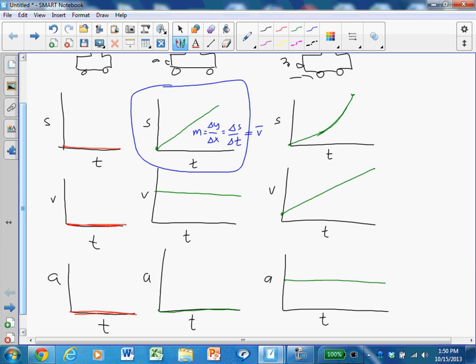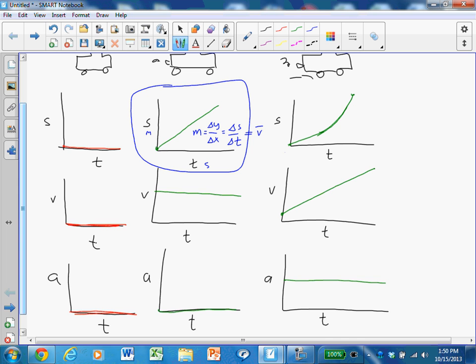So the units, meters per second. So the slope on a position versus time graph, the slope is the velocity. So you could say that with me now. The slope on the position versus time graph is the velocity.